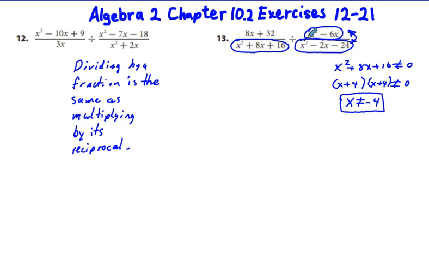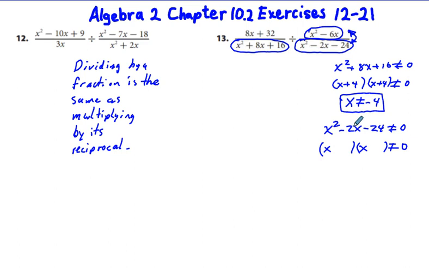And next, this denominator of the second rational expression, x squared minus 2x minus 24, this cannot be equal to 0. And factoring out this quadratic trinomial, we have the factors of x squared are x and x. And we want two numbers that multiply together to get -24, but when added together get -2.